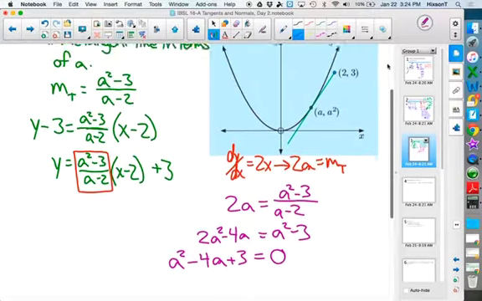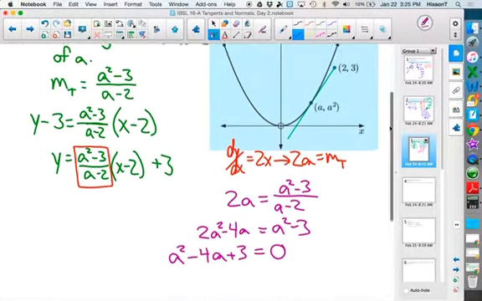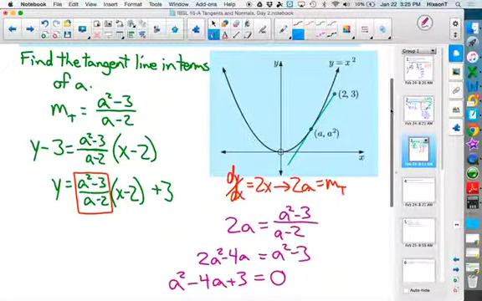Which actually means there are two possibilities. The picture drawn shows one, but there's another point up here that I could be tangent to as well. So that's where I'm going to get the two different values for A.